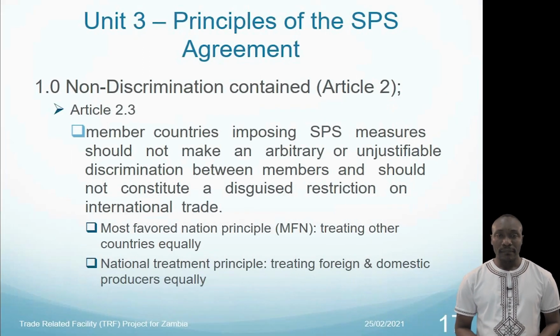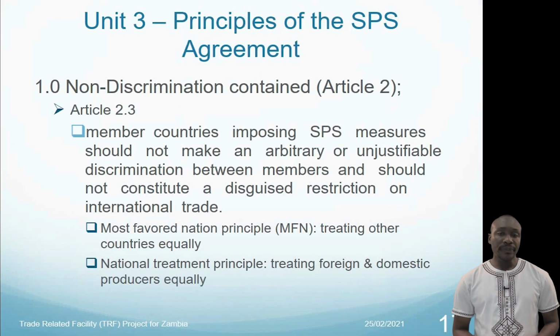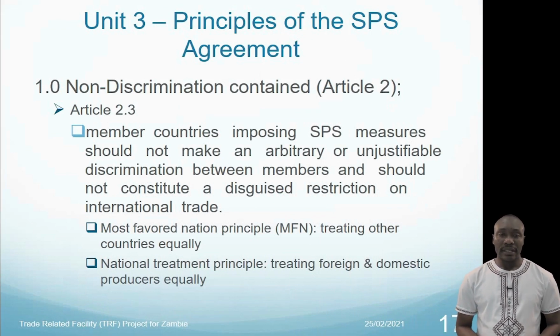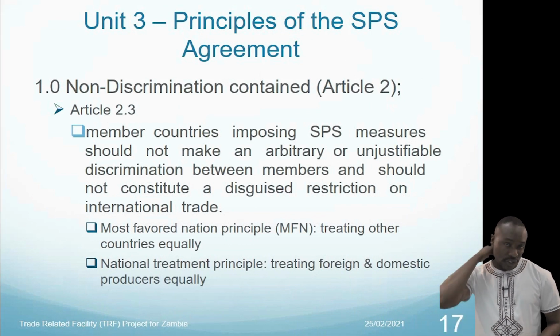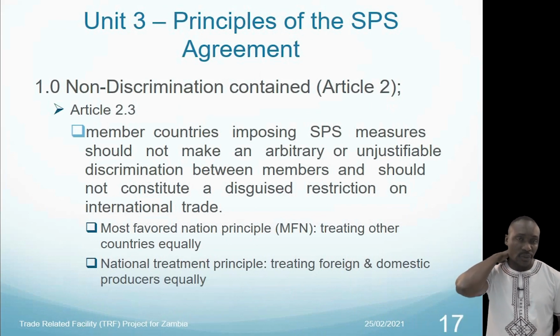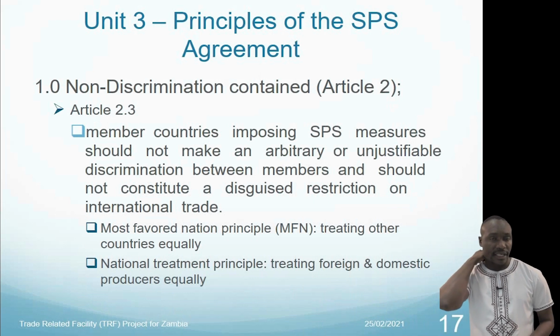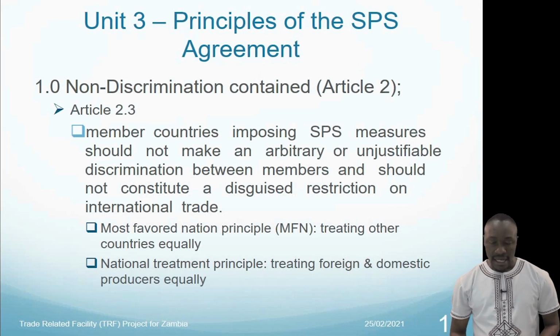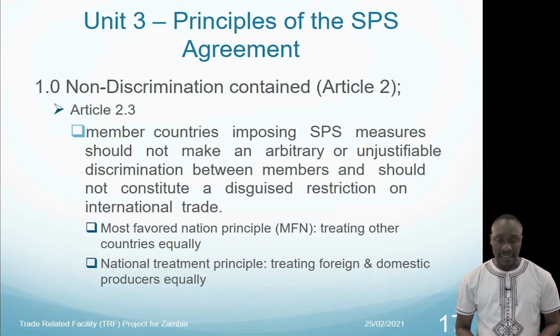Okay, so we will look now at non-discrimination, which is contained in your Article 2. And like I said, we'll be skipping some of these articles and go straight to those that may be of real importance to us.